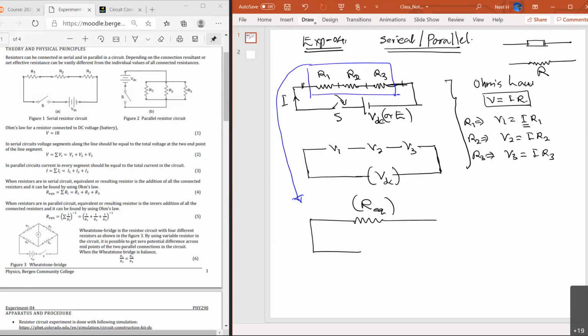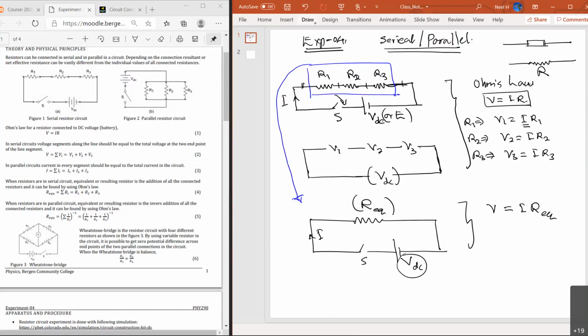Set it up with the same circuit, VDC and switch and R equivalent. Now if you apply Ohm's law for this one, I will get the same total voltage V, which is equal to the same current I passing through there, times R equivalent.